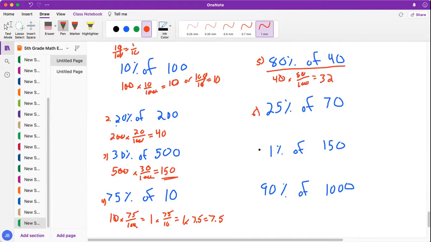Yeah, so 70 times 25 over 100. And the 0 cancels. 7 times 25 is 175.